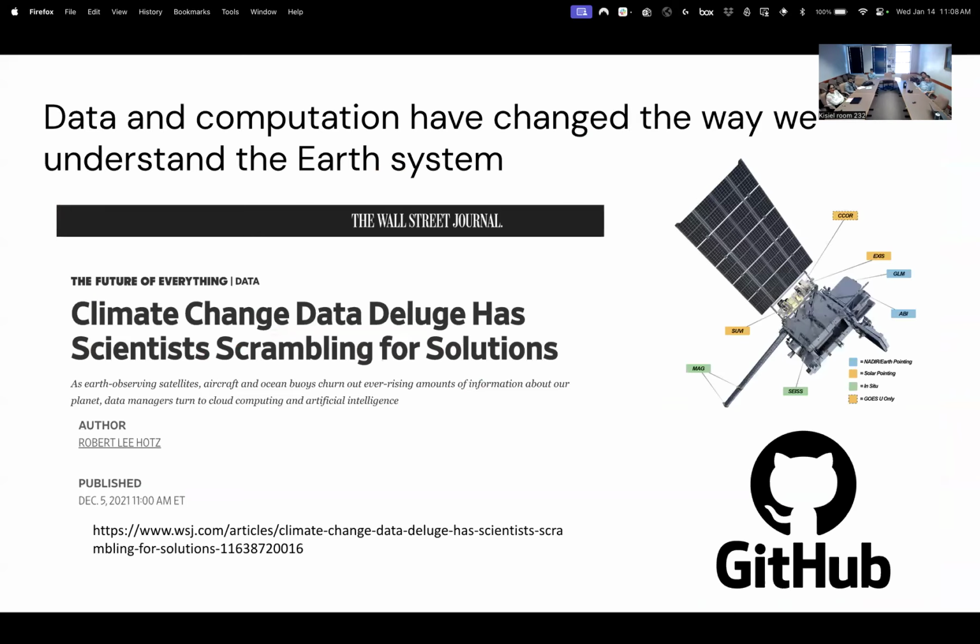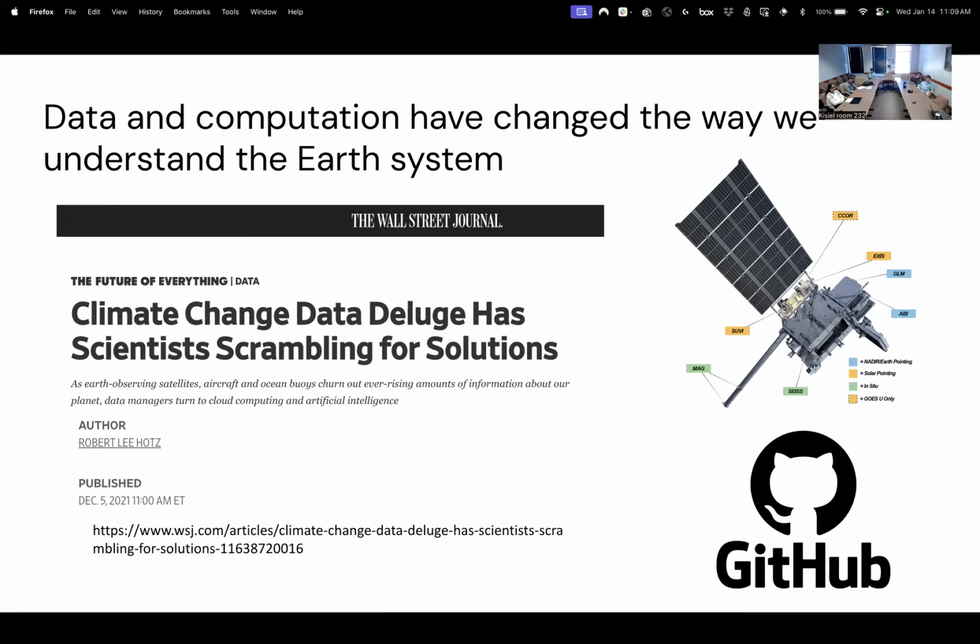So again, the general thesis or motivating factor is that data and computation have changed the way that we understand the Earth system. It's not just people going out and looking at things and taking very small samples and trying to make complex inferences from them, but more and more we're taking huge amounts of data.